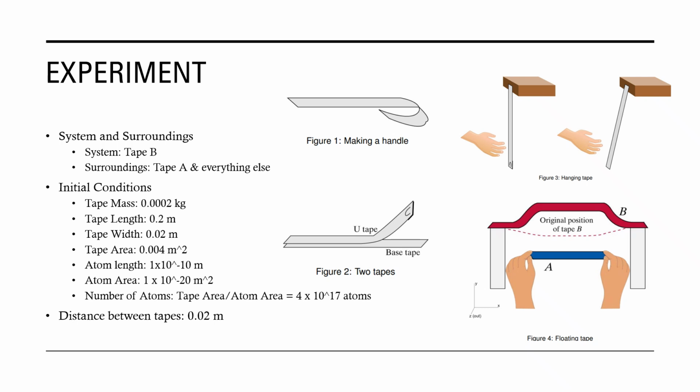So we determined that the system in this experiment, over here, is tape B, and the surroundings were tape A and everything else.